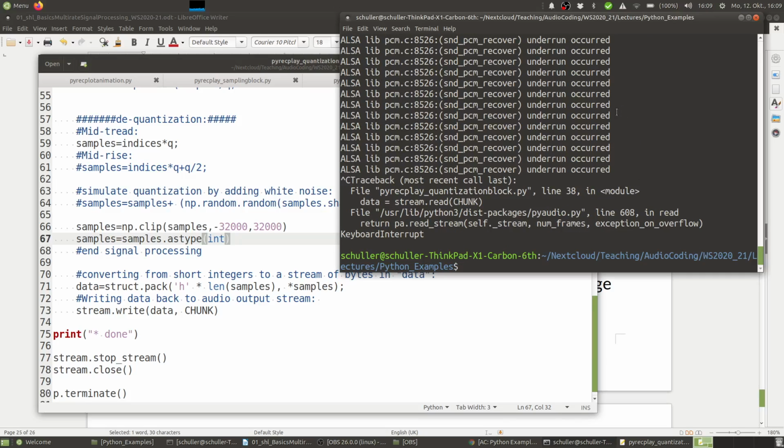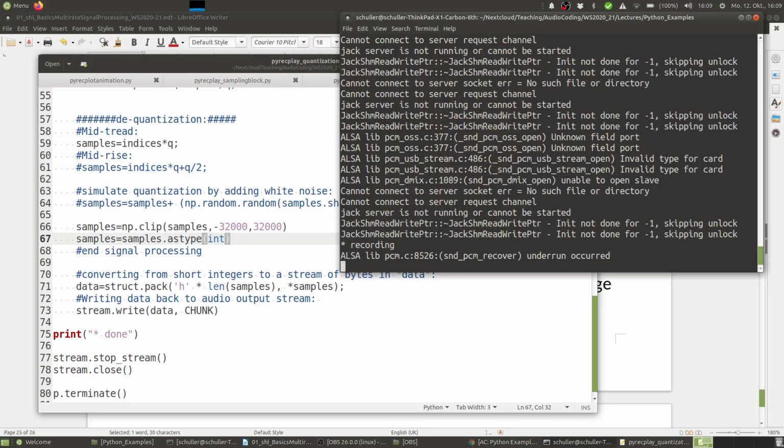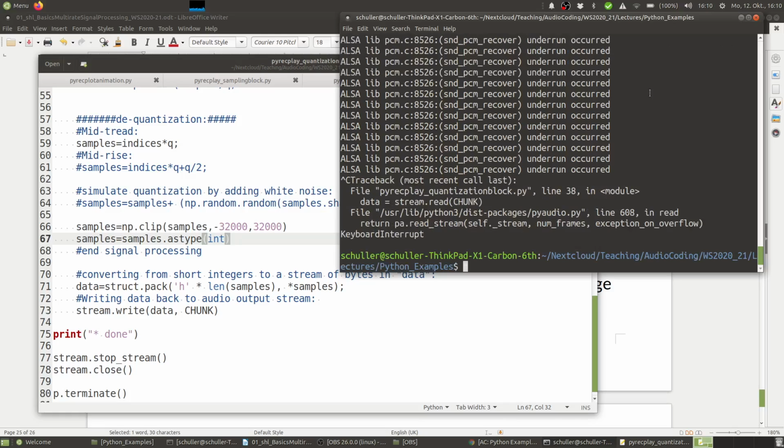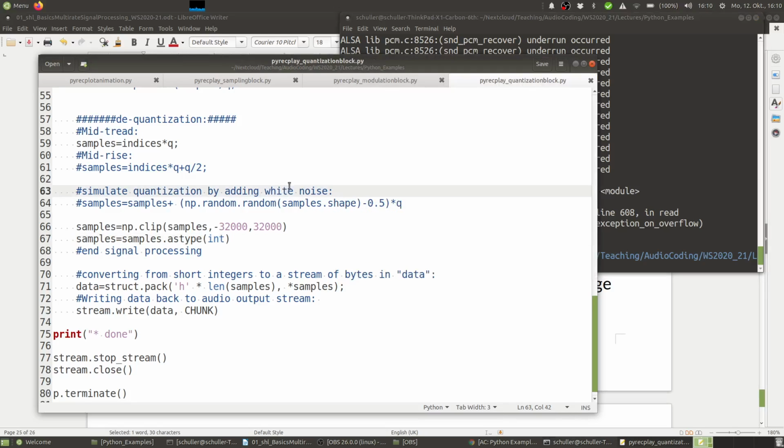Yeah, unfortunately there's a lot of feedback. So at least here you could hear that it took a while. In the beginning it was quiet, and that's because the small values were all rounded to 0. Right? That's the characteristic of a mid-tread.